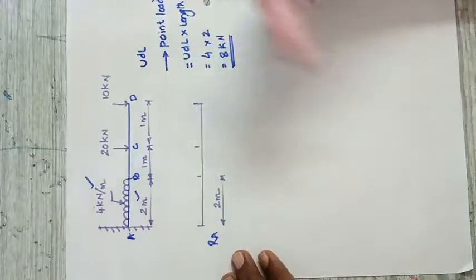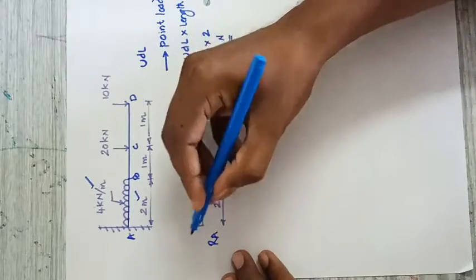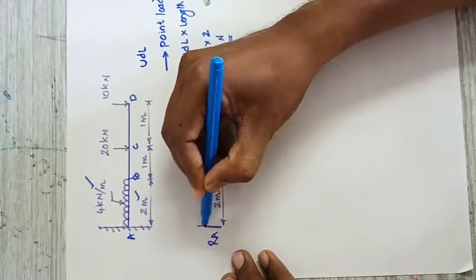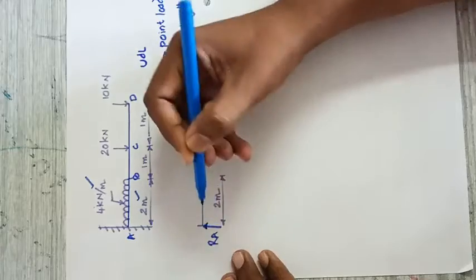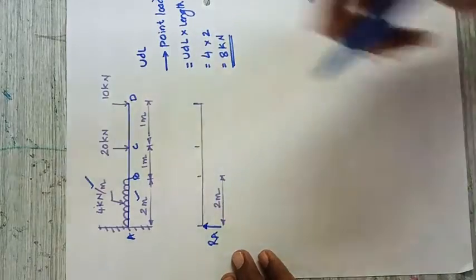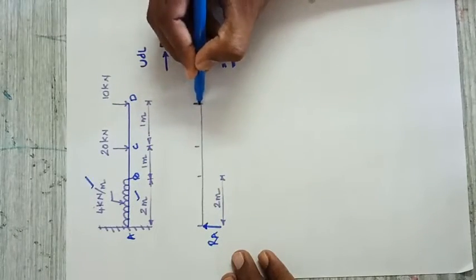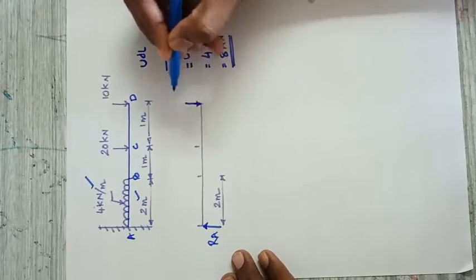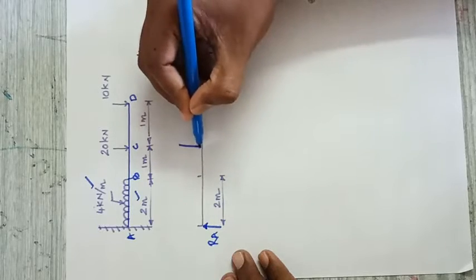The UDL, this point load, is also acting downward. So we consider the direction of this reaction force as upward, and the remaining 10 kilonewton and 20 kilonewton are acting downward.